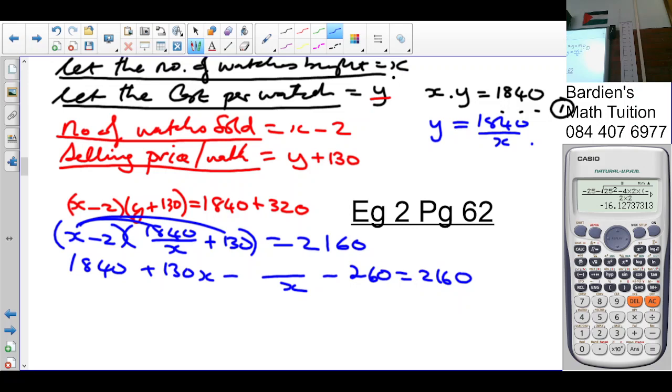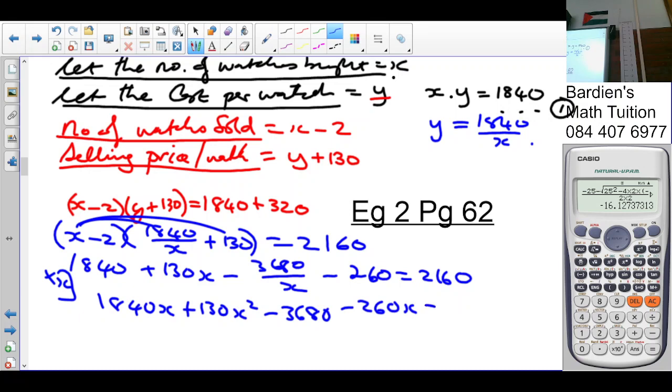Check the 2 times 1840, that is 3,680. Yes. Multiply throughout by X. So it's going to be 1840X plus 130X squared minus 3680 minus 260X equals 2160X.